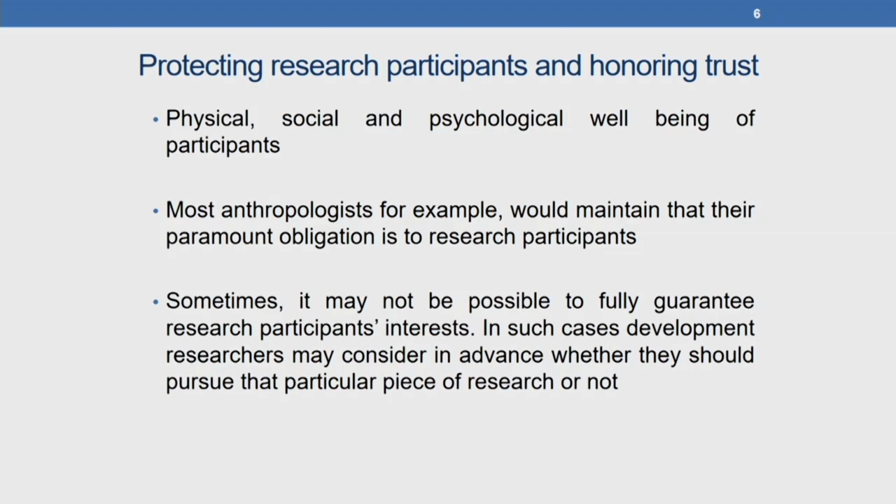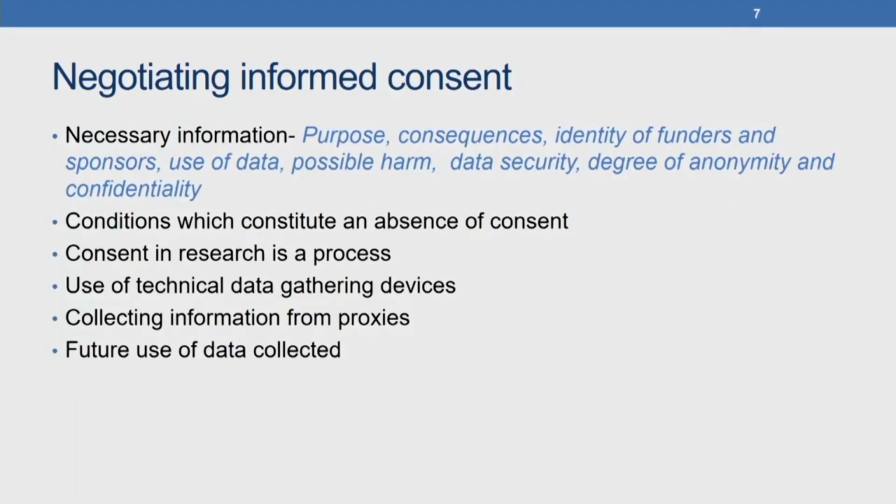Under some research conditions, particularly those involving contract research, it may not be possible to fully guarantee research participants' interests. In such cases, development researchers would be well advised to consider in advance whether they should pursue that particular piece of research or not. There are important things to keep in mind when negotiating informed consent.